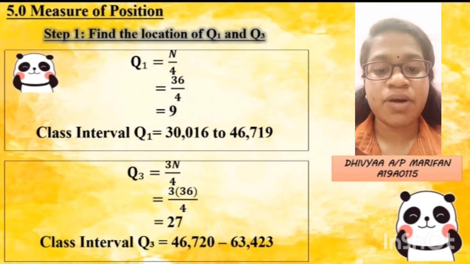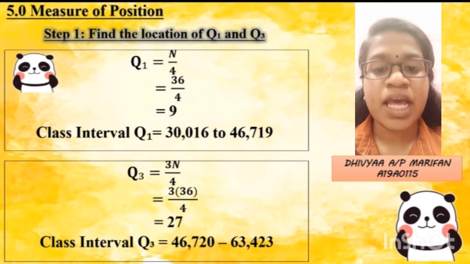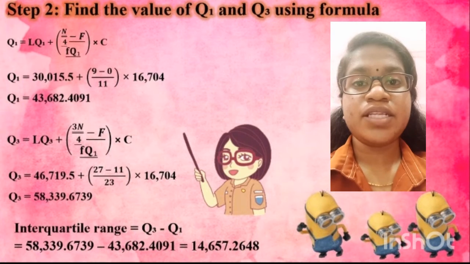After that, I found the class interval based on cumulative frequency. Therefore, the class interval for the first quartile is 30,016 to 46,719 and the class interval for the third quartile is 46,720 to 63,423. The second step is to find the value of the first quartile and third quartile by using the formula.